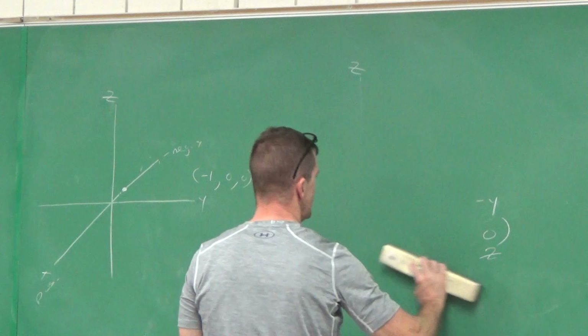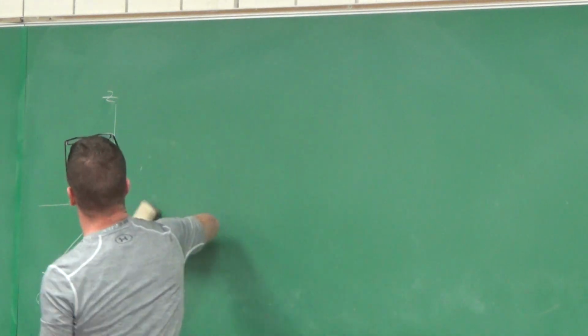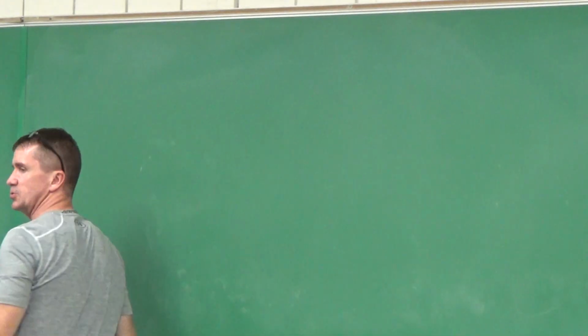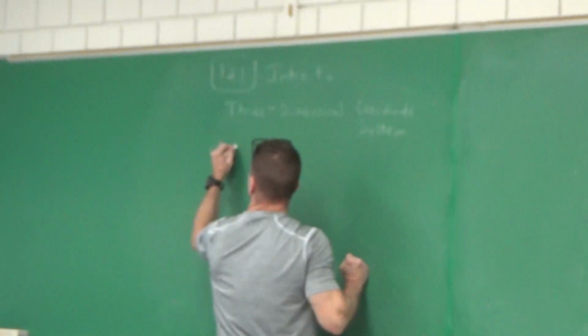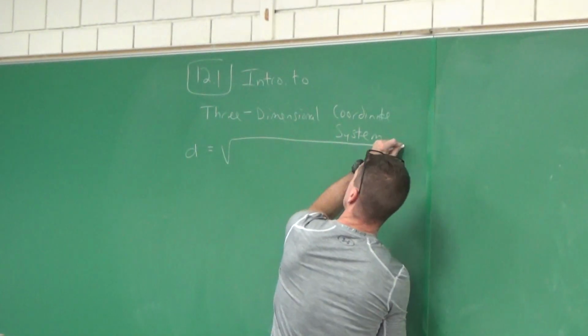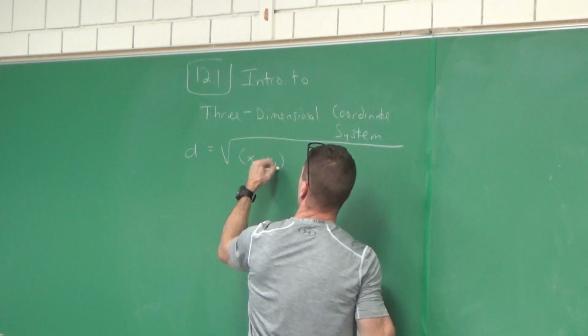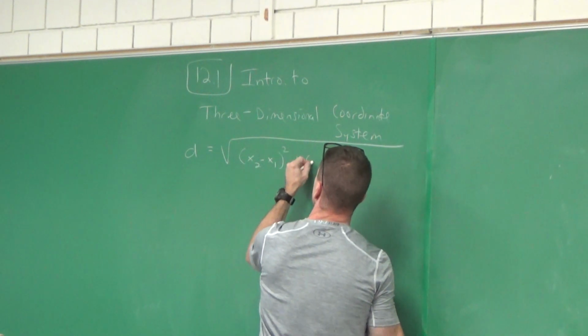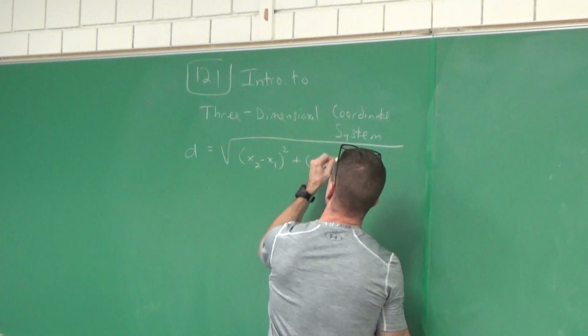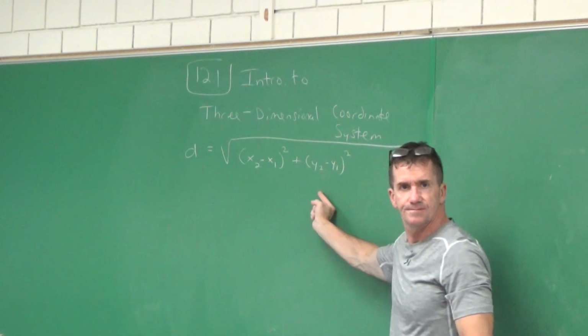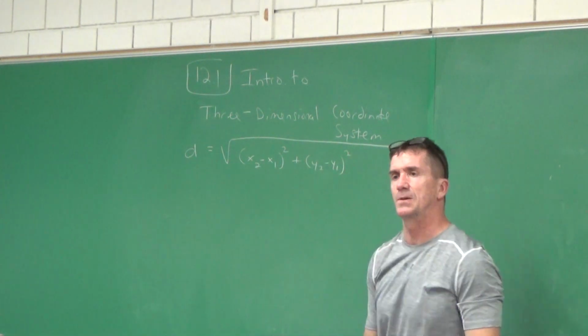Do you remember the distance formula between 2 points in two-dimensional space? The distance formula in three-dimensional space is very similar. I'll put d for distance. It has a square root. We did this in two-dimensional space, and that was based off the Pythagorean theorem.